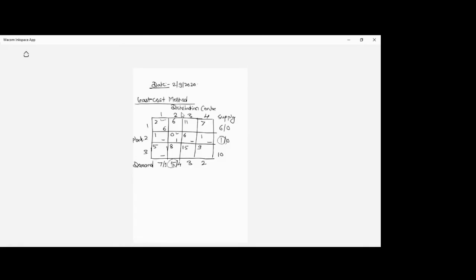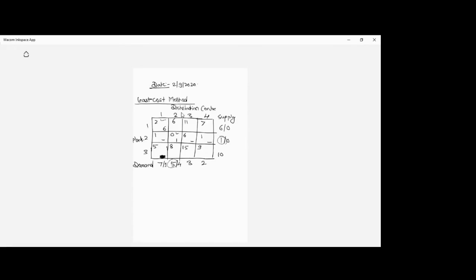So now that we have supplied 6 million liters, in this particular cell we will have to put a dash. Okay, here we had made a mistake, so this is not exhausted as of now, right? So we'll have to allocate here, so some allocation needs to be done here also, right?